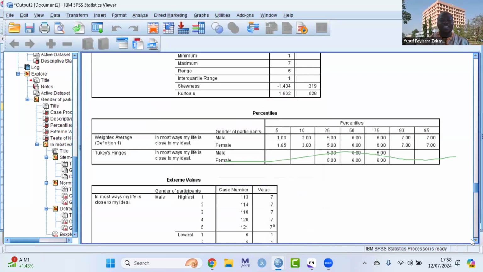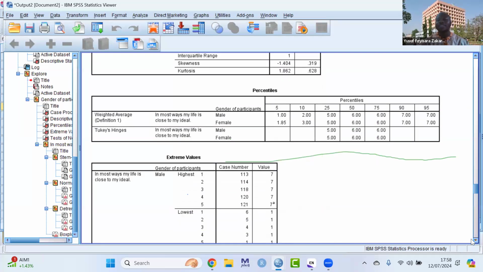Okay, the next thing we go into is the percentile. Look at this, it is very nice. Since I didn't take quartile, it gave me 5 percentile, 10 percentile, 25 percentile, 50 percentile, 75 percentile, 90 percentile, 95.